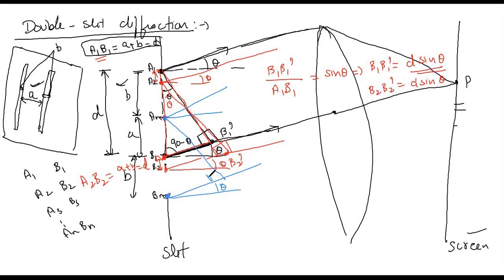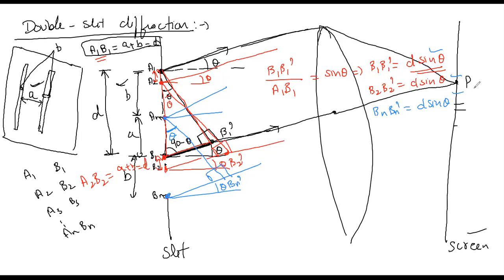You can simply draw a perpendicular from here to here. फिर से ये वाला जो angle है, this angle would again be equal to theta, and BN BN prime, you will find, is also equal to d sine theta, which basically means that for every single point on the first slit, there is a point on the second slit which is going to travel this much distance extra.